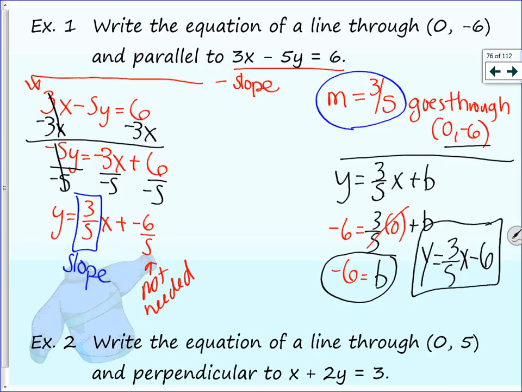The slope is 3/5. And how we found the slope is we put the equation that it's parallel to in slope-intercept form, and we just picked the slope off of that line. And then we found the equation of the line that had that as the slope and went through the given point. And that's my equation.